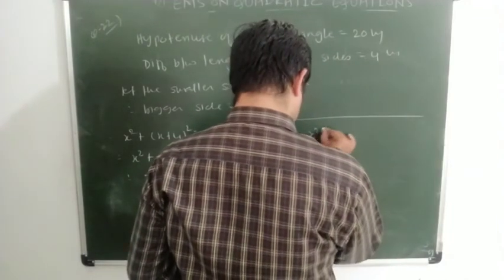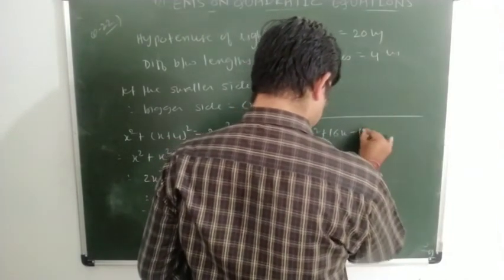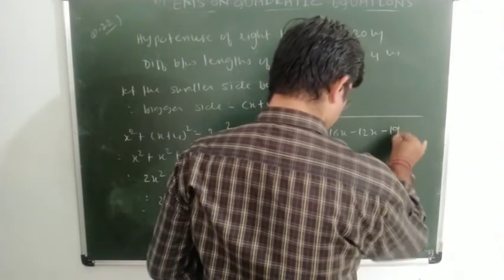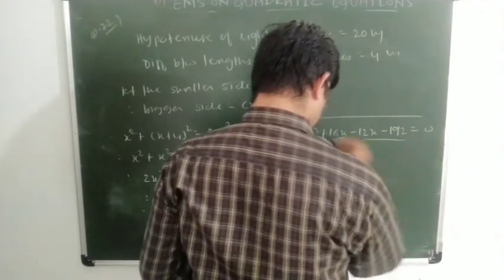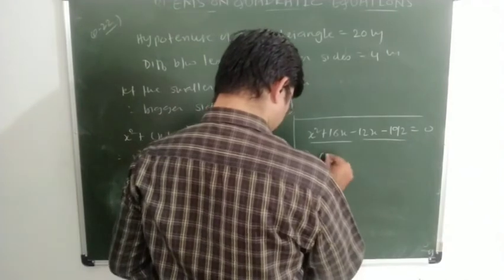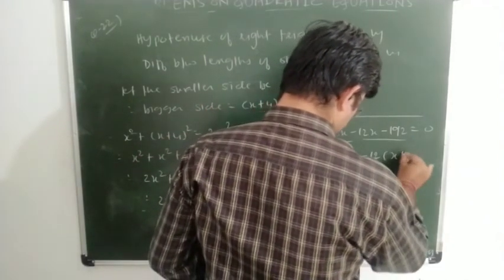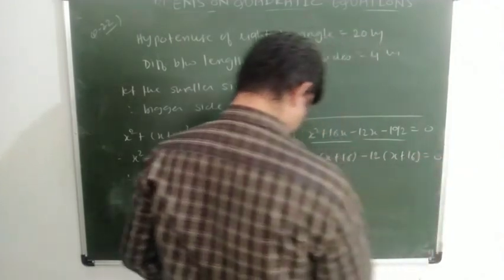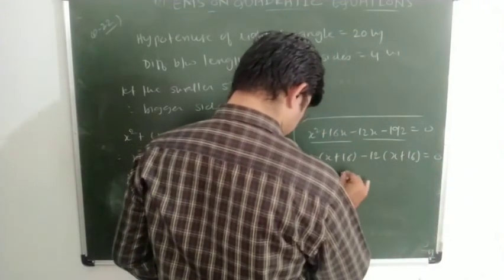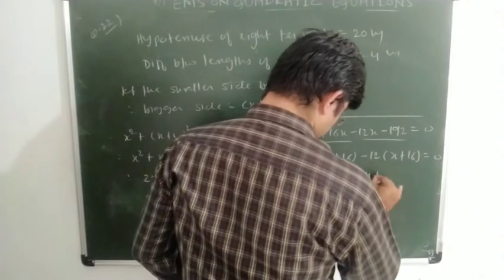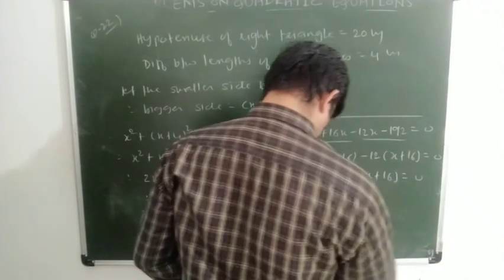Okay, therefore x square plus 16x minus 12x minus 192 is equal to 0. Therefore x into x plus 16 minus 12 into x plus 16. Therefore x minus 12 into x plus 16.